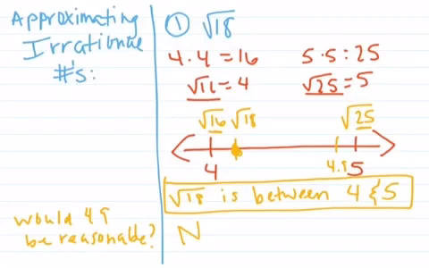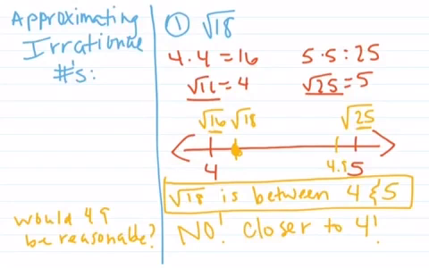No, because 4.9 is closer to 5, and I know that the square root of 18 is going to be over here closer to the square root of 16. So an approximation would be closer to 4. So maybe 4.1 even, or 4.2. Okay? So again, we're just approximating.